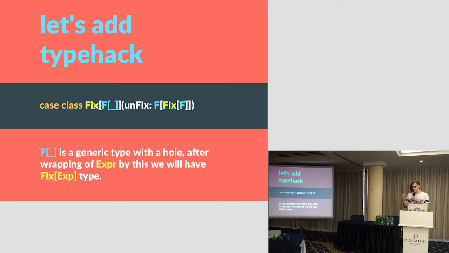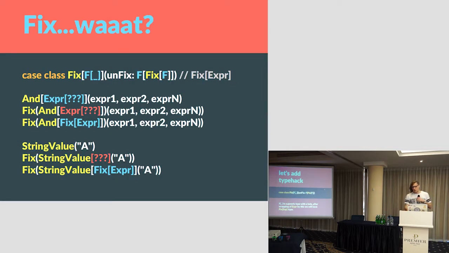And inside of this Fix, what we want to put is expression of T, where T will be already a fixed expression. By the way, this way we can prove to the compiler that inside of our expression we will contain only other expressions, nothing else.